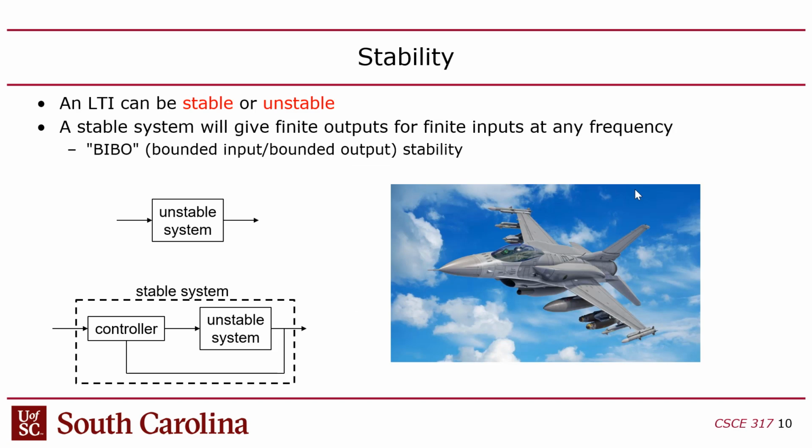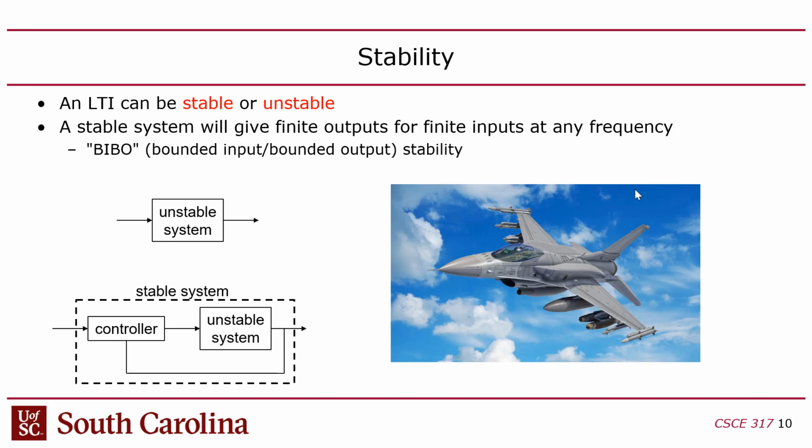Now, in addition to controlling a plant, an important objective you have with a control system is stability. If you try to control a plant with an open loop controller, like the toaster example I talked about earlier, toasters are open loop, some systems can't be controlled at all because they're inherently unstable.